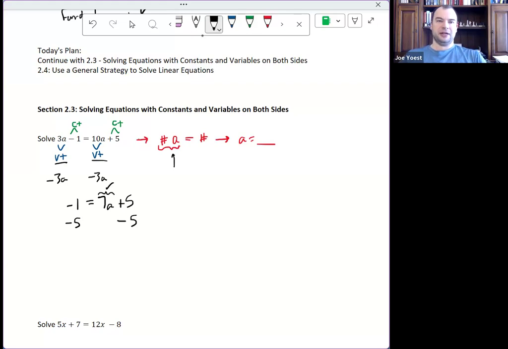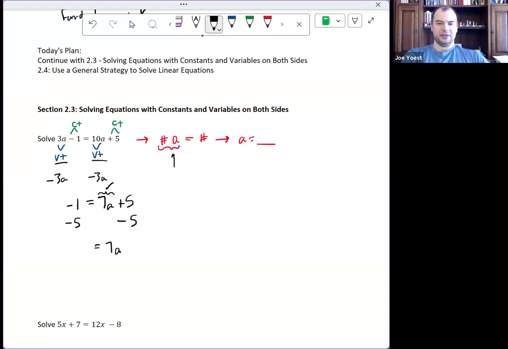Think of my scales, right? If I take 5 kilograms off of one side of the scale, I've got to take 5 off the other side of the scale so it remains in balance. And again, my right side, 7a plus 5 minus 5 goes away. On my left side, negative 1 minus 5.